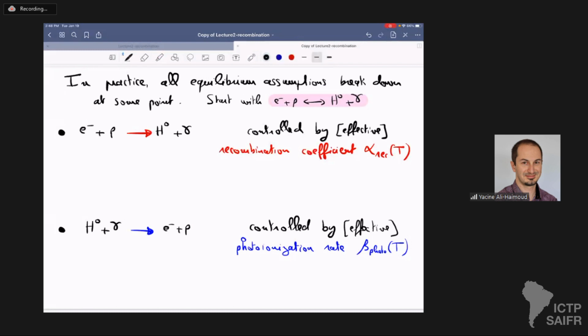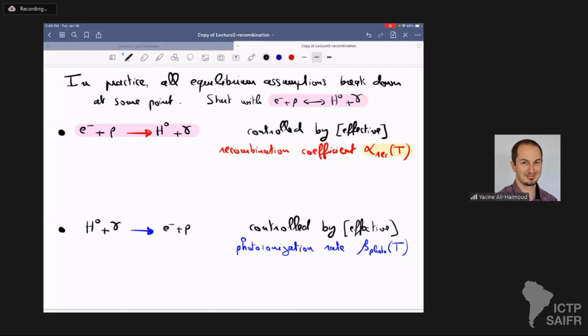So rather than assuming equilibrium, we want to figure out what is the rate of these reactions. So first of all, what is the rate of the reaction moving forwards? Electrons and protons combining to form neutral hydrogen atoms. This is controlled by a coefficient, which is called the recombination coefficient, which depends on temperature.